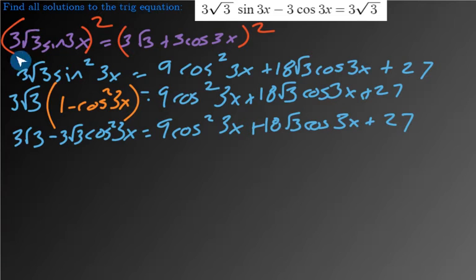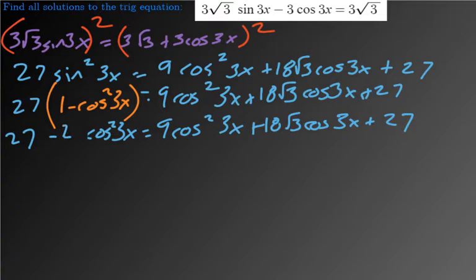I squared the sine, but I didn't square that, right? And so let me change this to what it should be. If you square 3 root 3, you get 27. So that should be a 27, that should be a 27, that should be a 27, and I distributed right there, so that should be a 27.